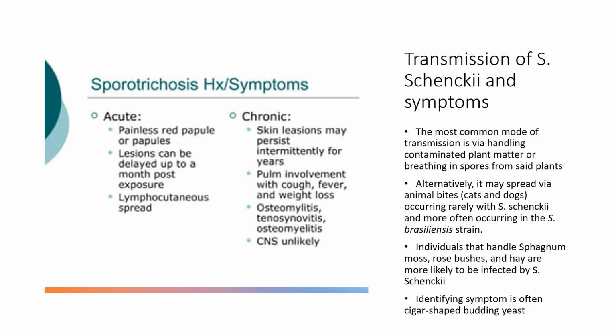Individuals that handle sphagnum moss, rose bushes, and hay are more likely to be infected by the schenckii strain. It is diagnosed in a lab and can show a cigar-shaped budding yeast appearance.